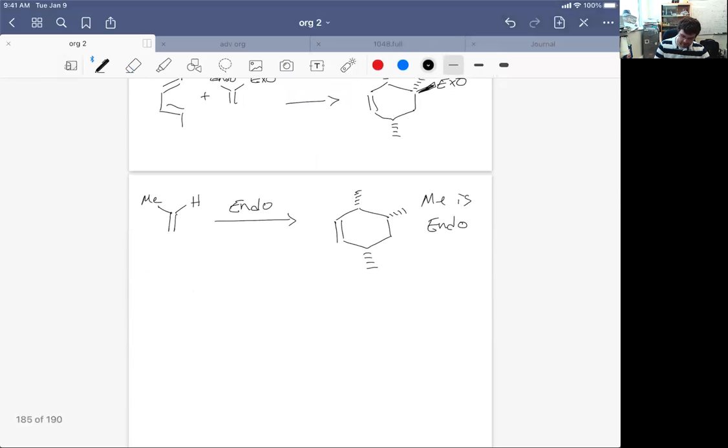But if we've got a pi bond in competition for the methyl group, and we do a Diels-Alder reaction with the endo rule using the exact same diene, here are our methyl groups. Now it turns out the methyl group is going to be exo, and the carbonyl is going to be endo.